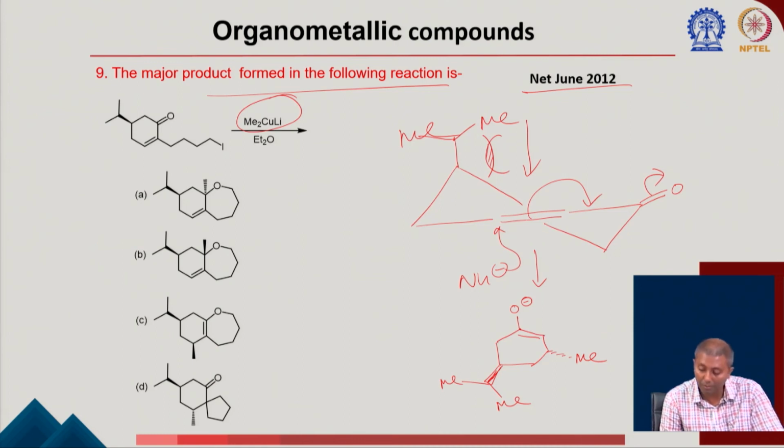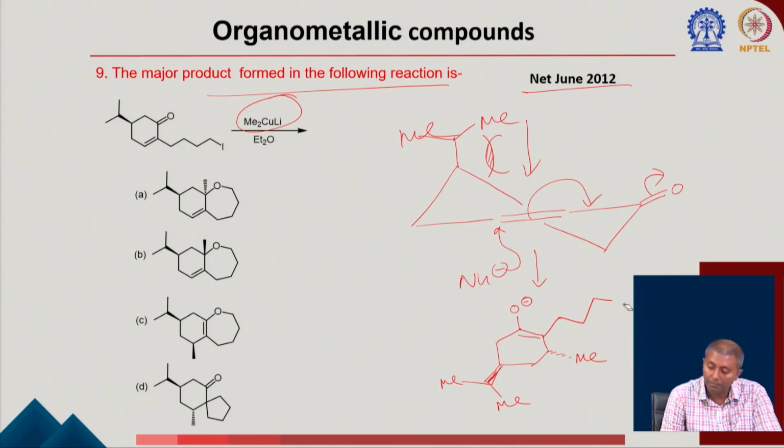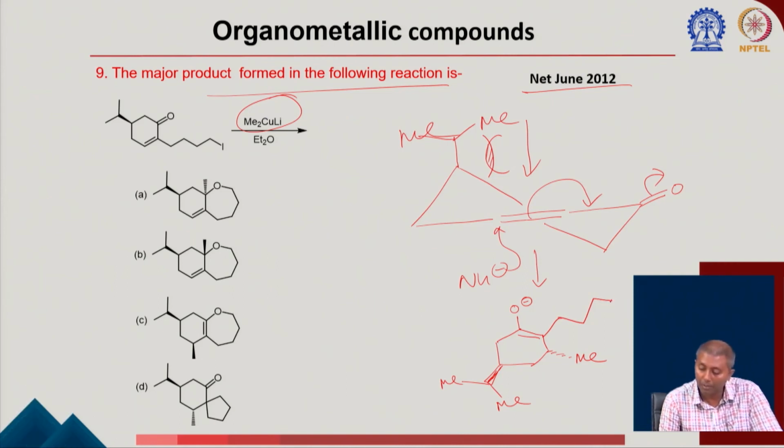Now let's see what else we have here. We also have one CH2 CH2 CH2I. So there are 4 carbons, excuse me, this will be another carbon here, and we'll have an I here.